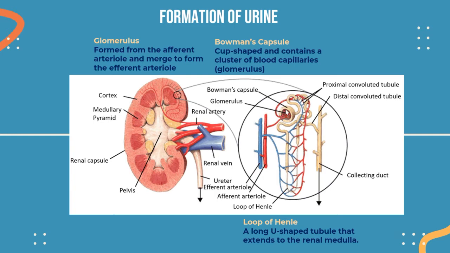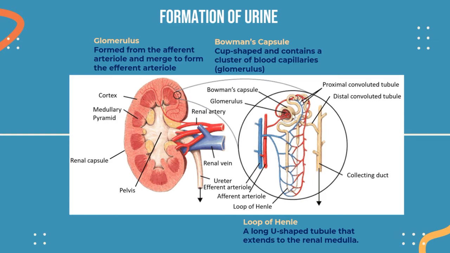Then this is referred to as the glomerulus. The glomerulus forms from the afferent arteriole and merges to form the efferent arteriole. Next, we go to the Bowman capsule.